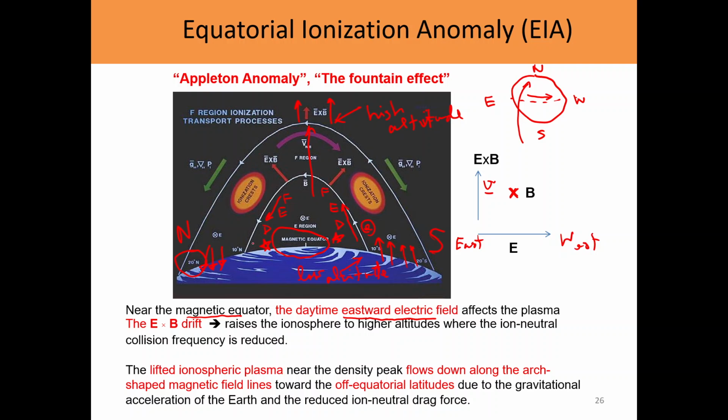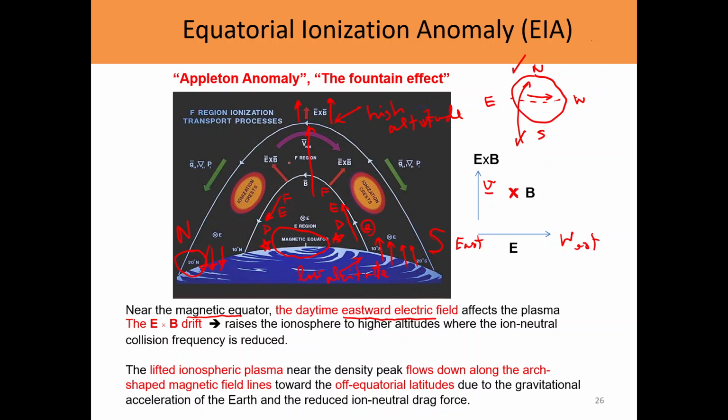This is north-south, like a rotation. But in this picture, north-south is here. It's like you look at this picture but rotate it to the left. Anyway, so during daytime, there's a push of ions from the equator areas.